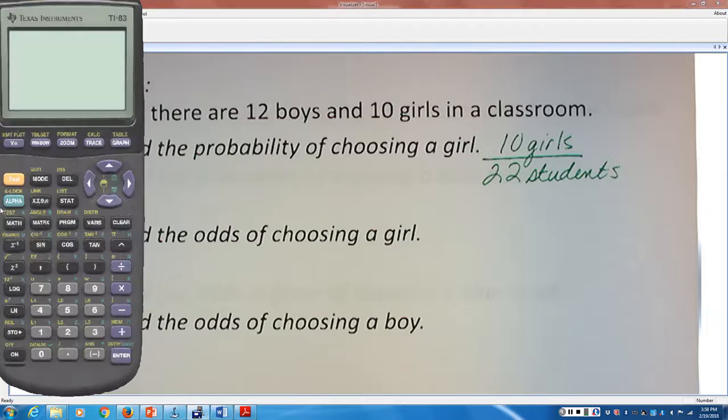We normally express probabilities either as a fraction or a percent. As a decimal, it's 0.45454545 forever.